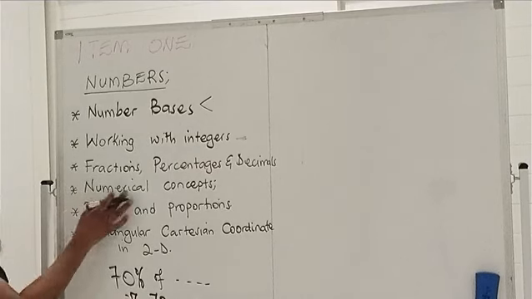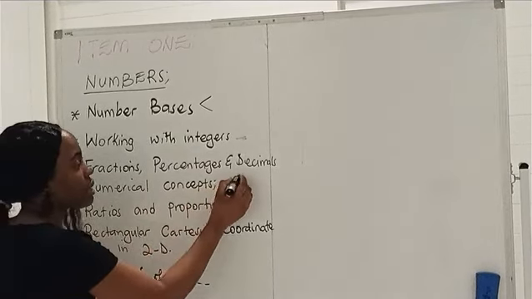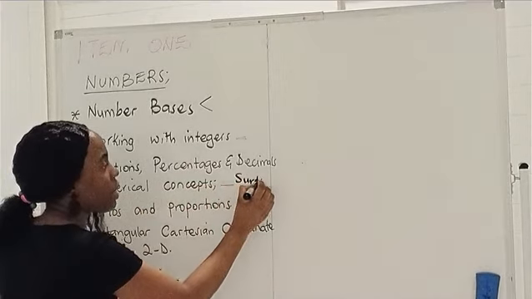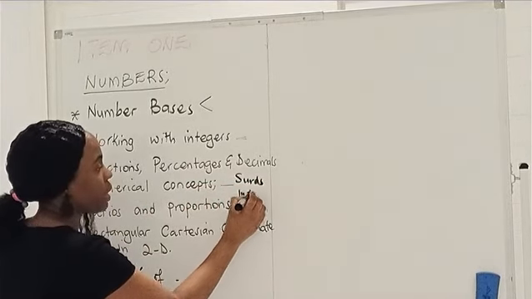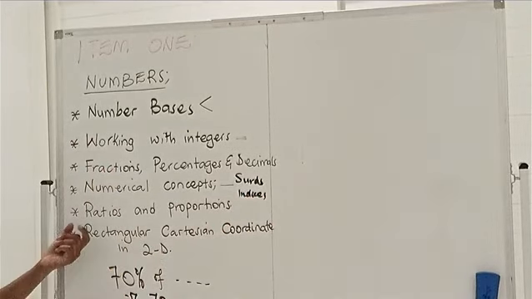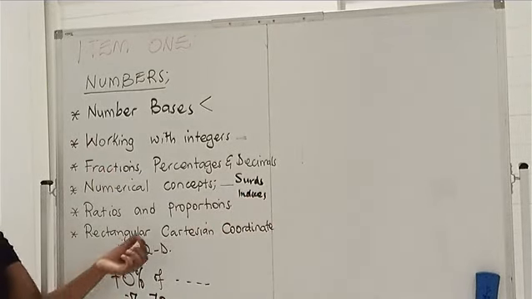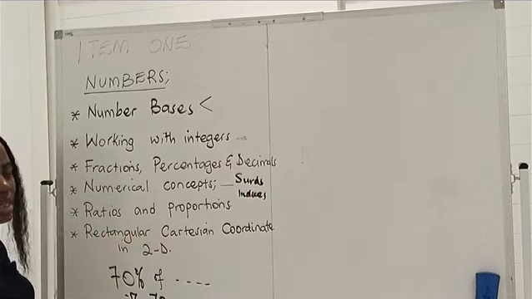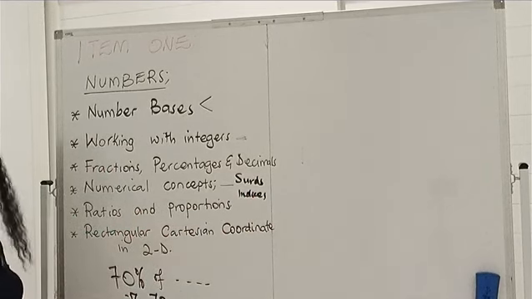Then we have numerical concepts, and this one has surds and indices. We have ratios and proportions. With ratios, we need to share, and with proportions, we need to know whether it is direct or inverse.